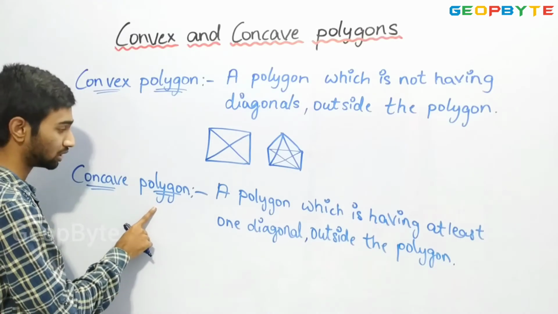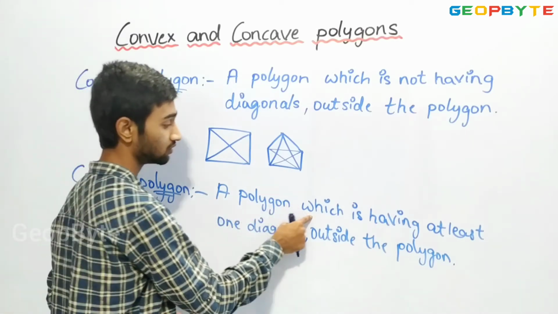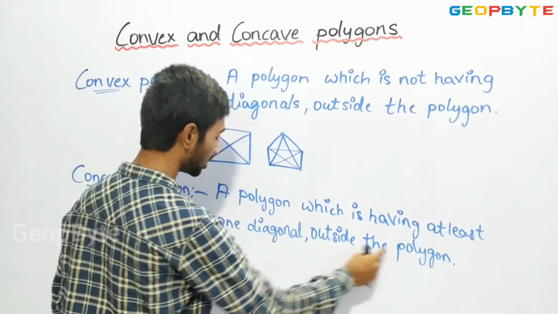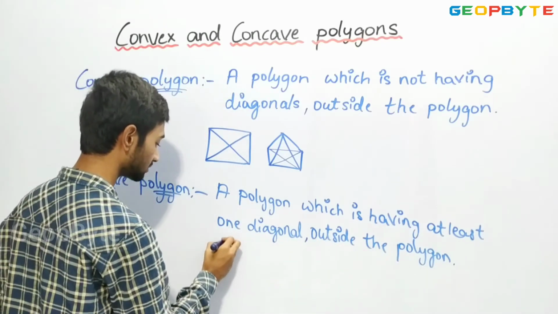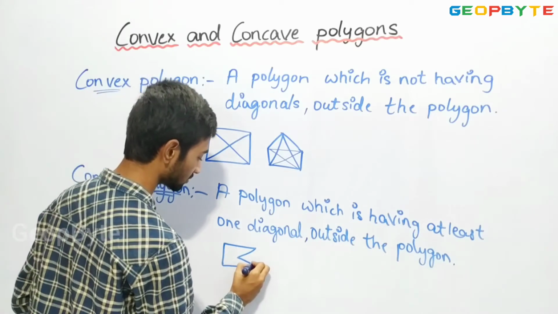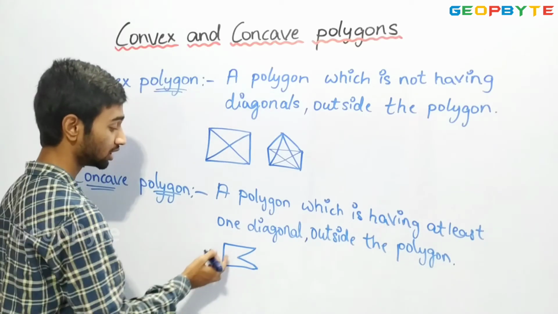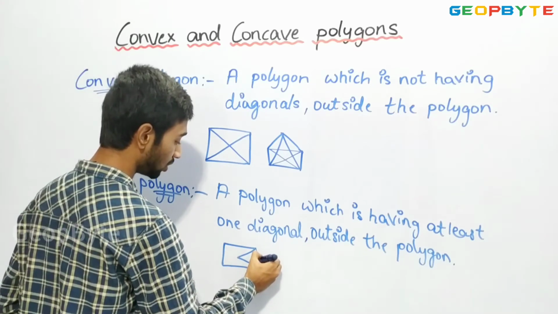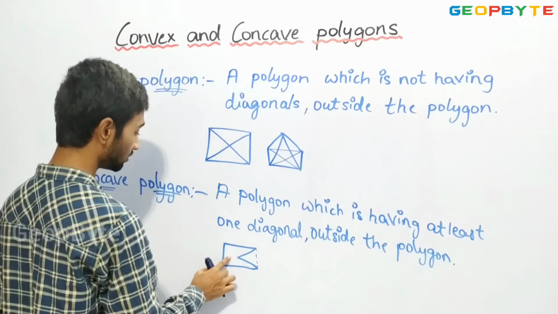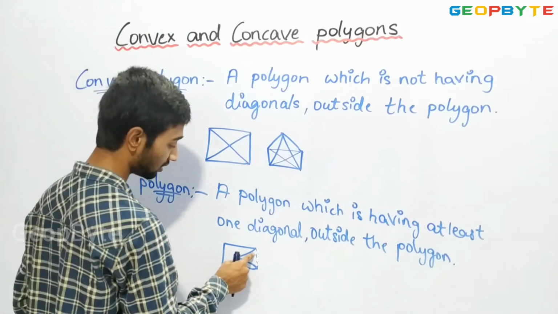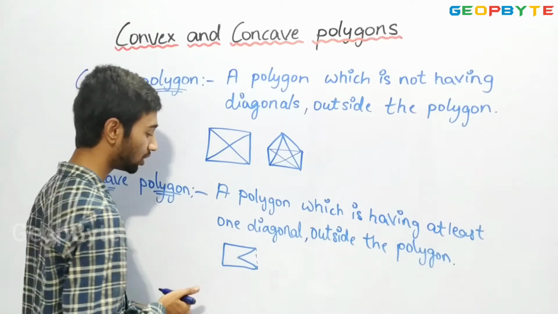So a concave polygon is a polygon which has at least one diagonal outside the polygon. For example, this is a polygon. Here we can draw a diagonal outside the polygon. So this figure is known as a concave polygon because it has one diagonal outside the polygon.